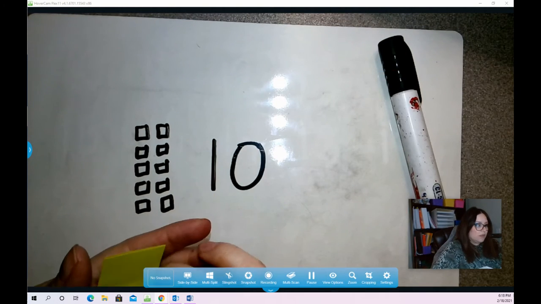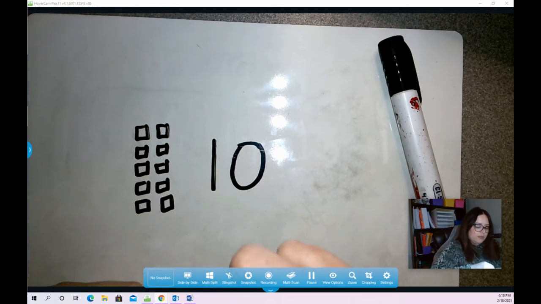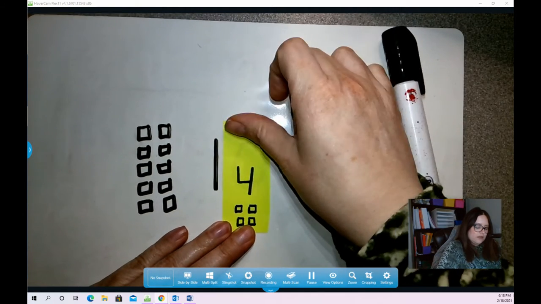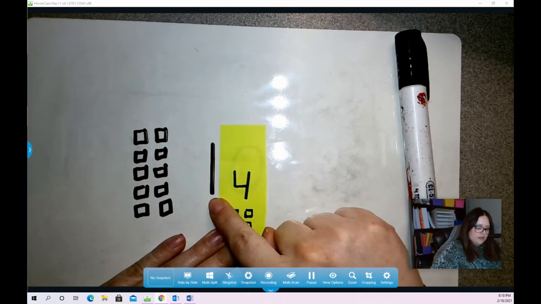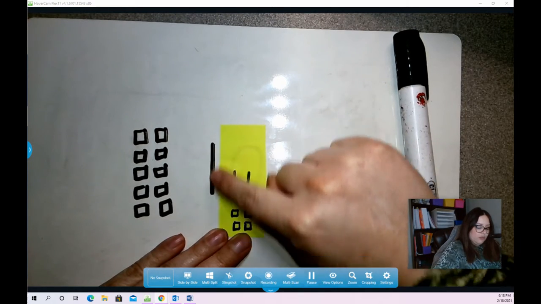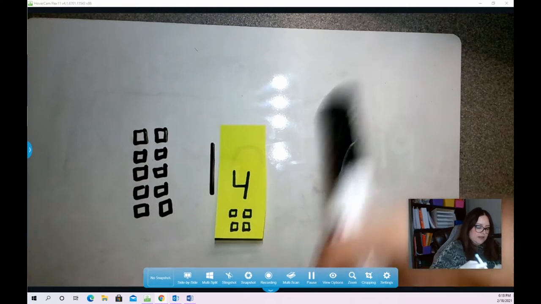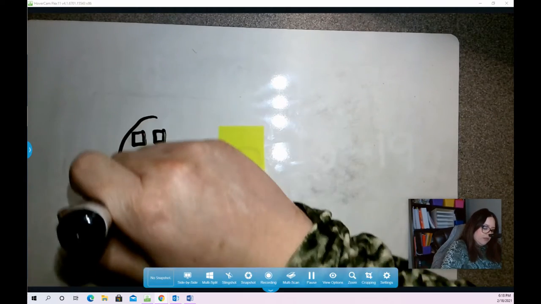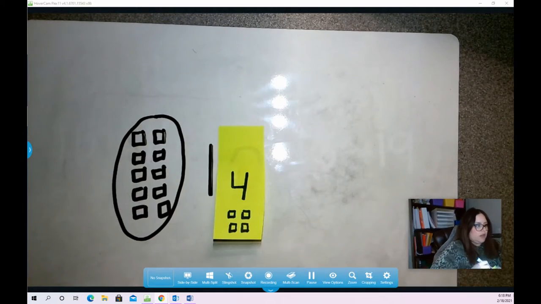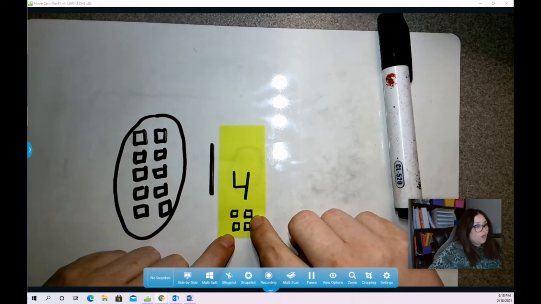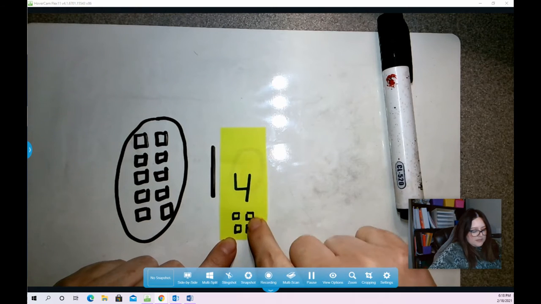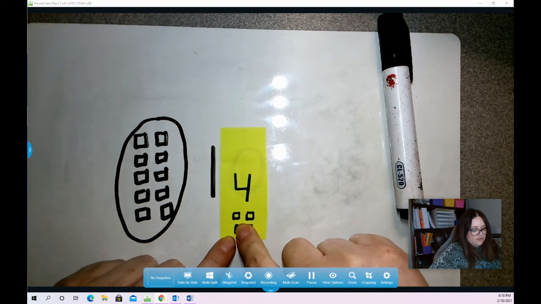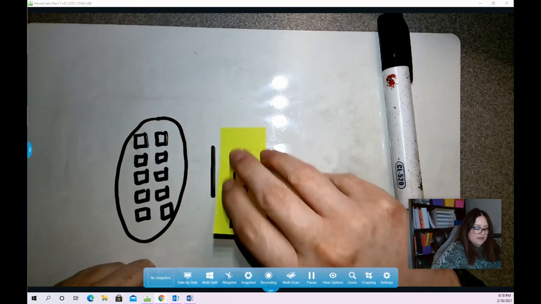And you can see we can do that with all of our teen numbers. 14 means one group of 10, so that's why we have a 1. That means one whole group of 10. Let's group them up. This is one group. And 4 little lonely guys that aren't enough to make another group of 10, they're all on their own. That makes the number 14.